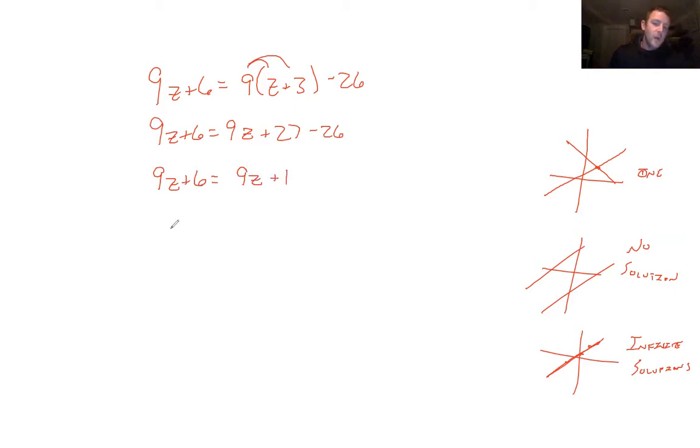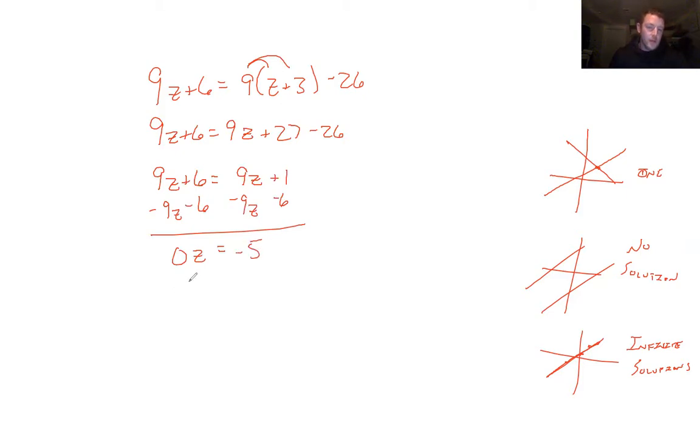Now I'm going to minus the 9z off this side, take all the z's to the left, and minus 6 on this side, get all the numbers to the right, z's to the left. But when I do that, 9z minus 9z is 0z, and that's equal to negative 5.